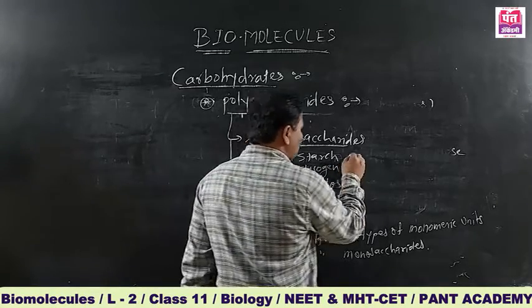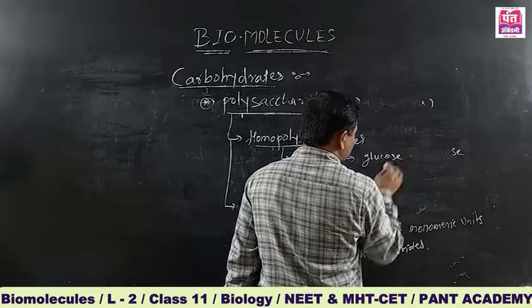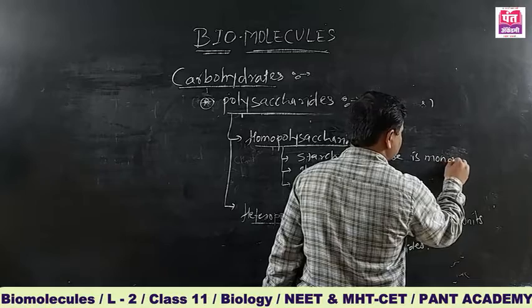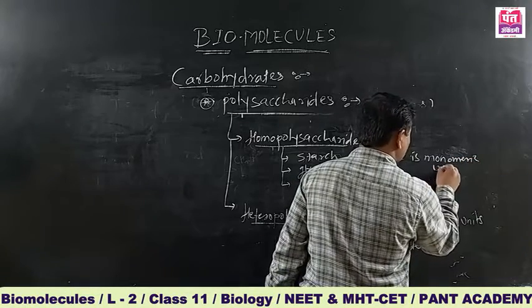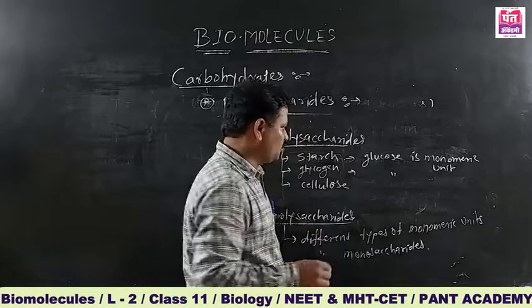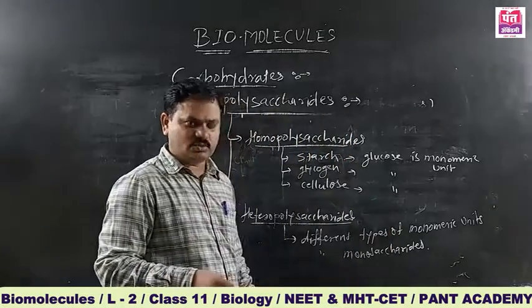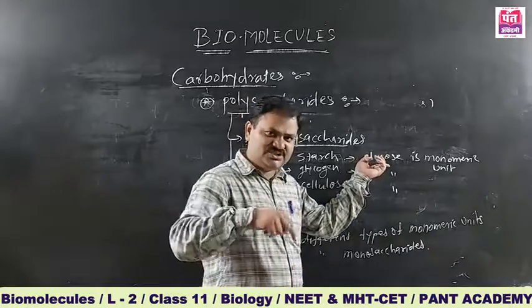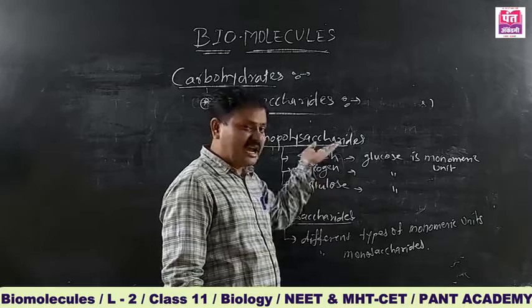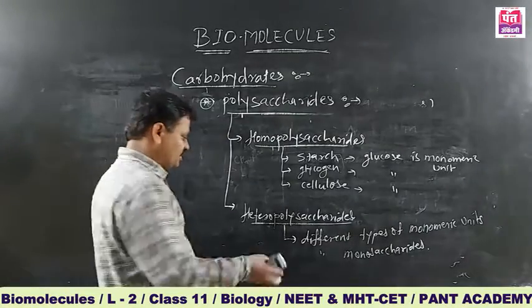In starch, the monomeric unit is glucose. In glycogen also, the monomeric unit is glucose. In cellulose as well, the monomeric unit is glucose. So only glucose is the monomeric unit of starch, glycogen and cellulose, but they are of different types, which we will discuss.